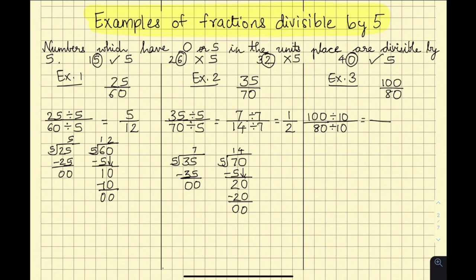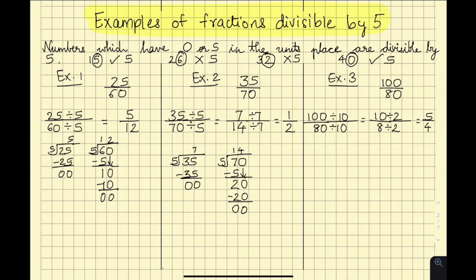So 100 divided by 10 gives 10, 80 divided by 10 gives 8. 10 and 8 both go in the table of 2, both are divisible by 2, which we have already seen earlier. So 2 fives are 10 and 2 fours are 8. And later on 5 and 4 do not go in any other common table, hence 5 over 4 is the simplest form of the fraction 100 over 80.